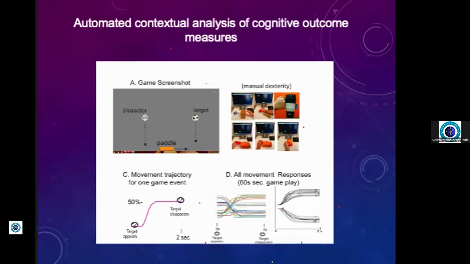Similarly, just to show you what one time event looks like, from your target appearance to your disappearance, if you see figure C, it is a 2-second event, and one graph would look like the way it does here, from appearance to disappearance.